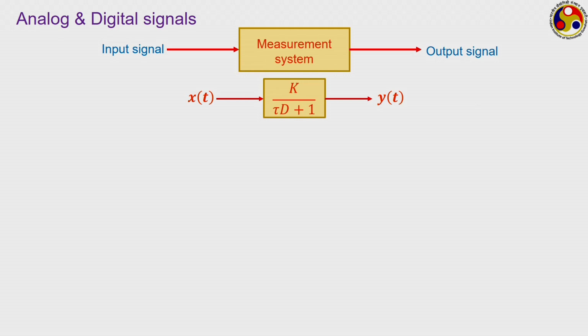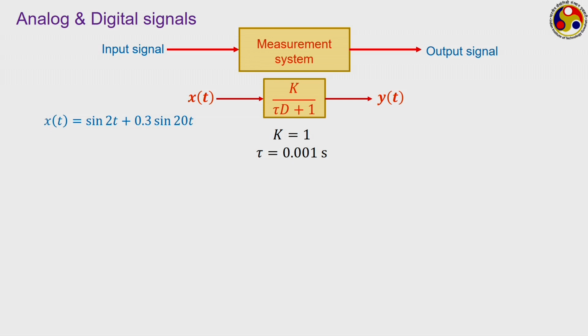Now let us see the x(t), which is a time dependent input signal. Let us assume that our input is a sinusoidal function of this form, and our system, the first order system, is having its static gain equal to 1 and also a time constant of 0.001 second.